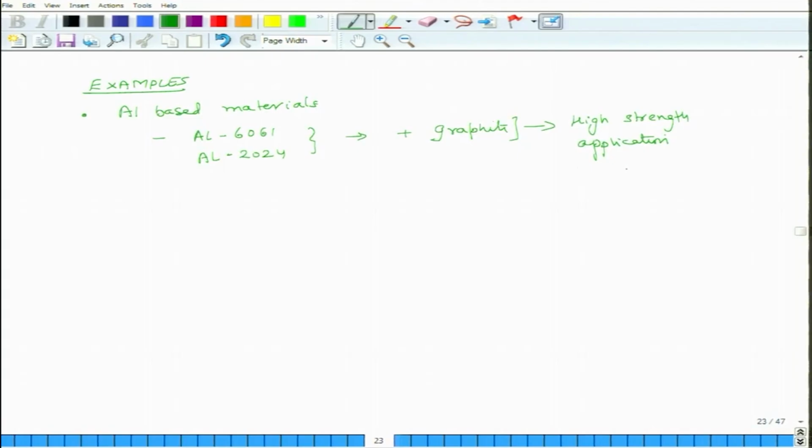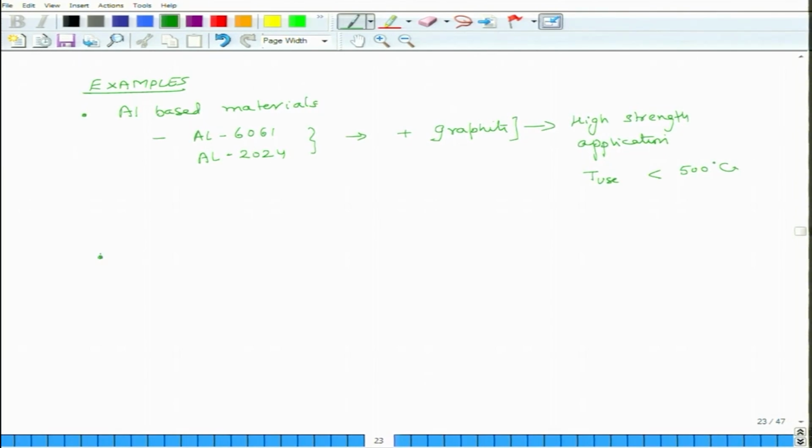And the temperature use could be as high as 500 degrees centigrade, okay. But then again this graphite reacts with aluminum, so you have to coat it with some protective layer.